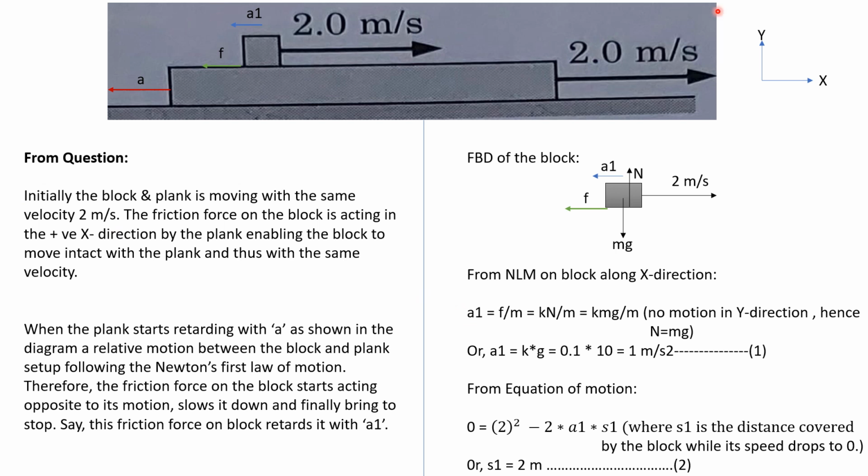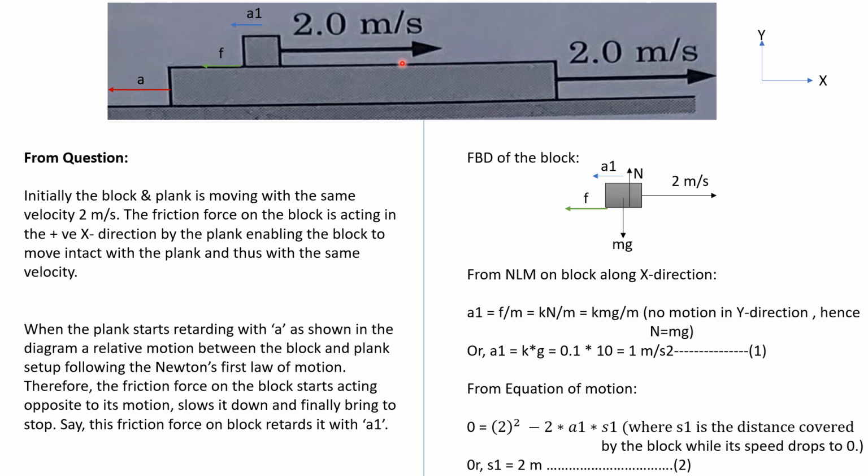I have made a rough diagram for your convenience. When the plank starts retarding, meaning starts getting slowed down, because of Newton's first law of motion, the block will continue to move in the positive x direction with 2 meter per second.